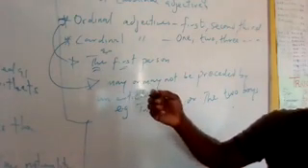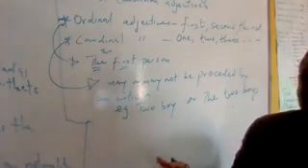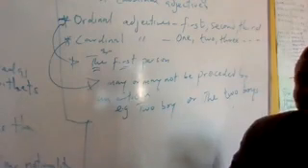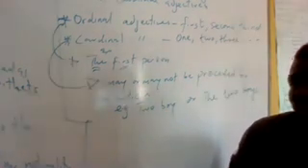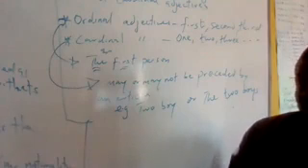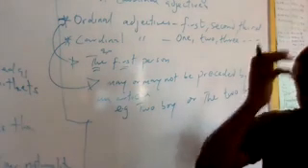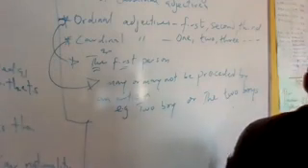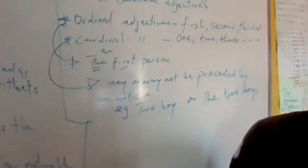So let's recap what we've done. We've classified adjectives into two broad classifications: the descriptive adjective and the numerical adjective. The descriptive adjective denotes size, shape, quality, age, color, nationality. If you have an adjective formed from a noun, it is called a nominal adjective, and if formed from a verb, we call it a verbal adjective.